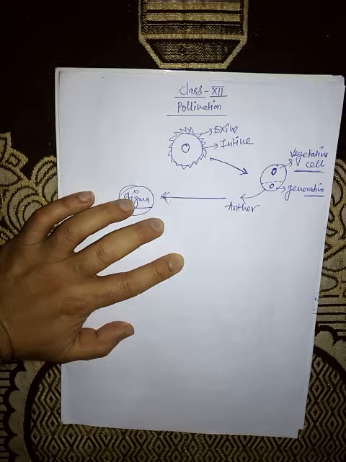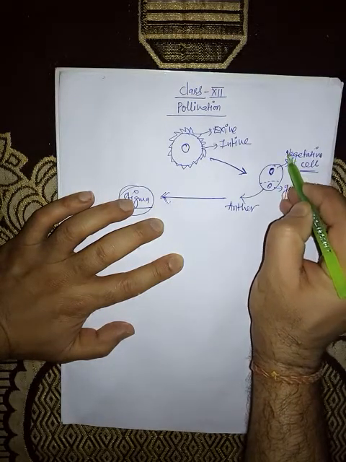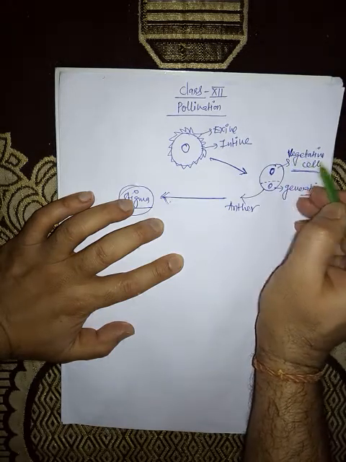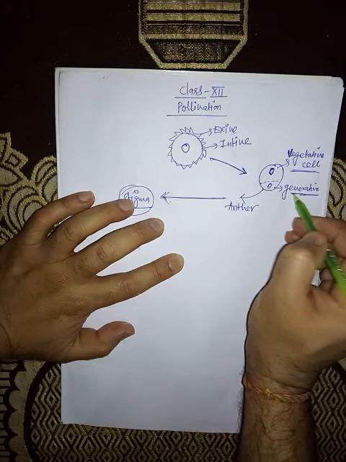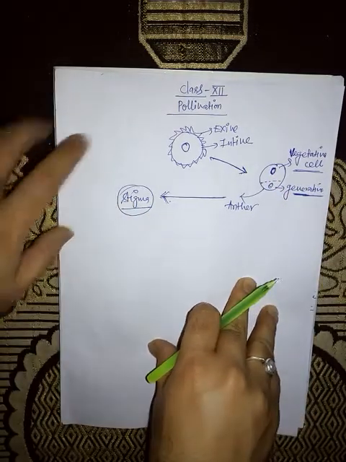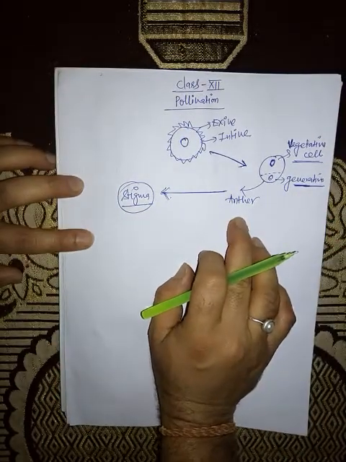In over 60% of angiosperms, pollen grains are transferred at this two cell stage, right? So in two cell stage, it is transferred from anther to stigma.